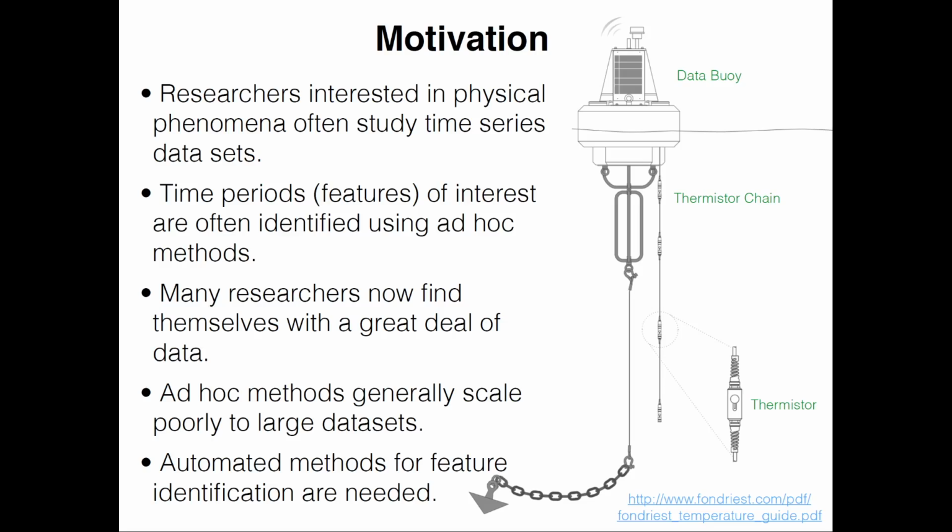You have more time series, they're sampling more often, they're more accurate, and so on. And so you have a higher quality data set, but along with that comes the fact that your ad hoc methods that you're using to identify features, those methods don't generally scale to larger data sets. So automated methods for feature identification are needed, right?